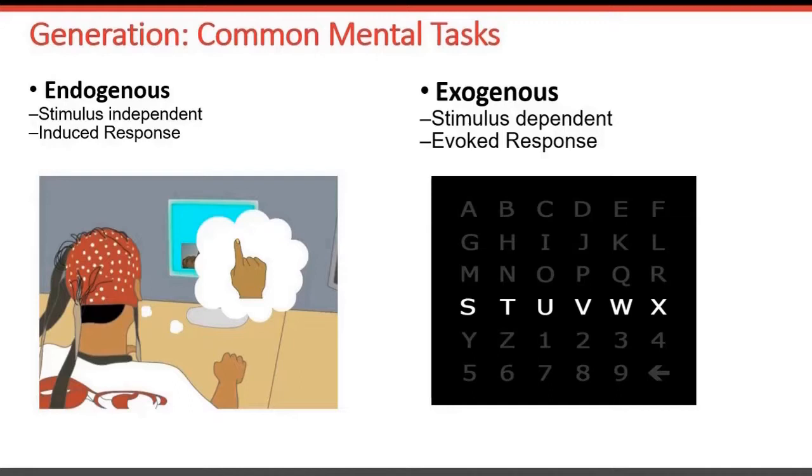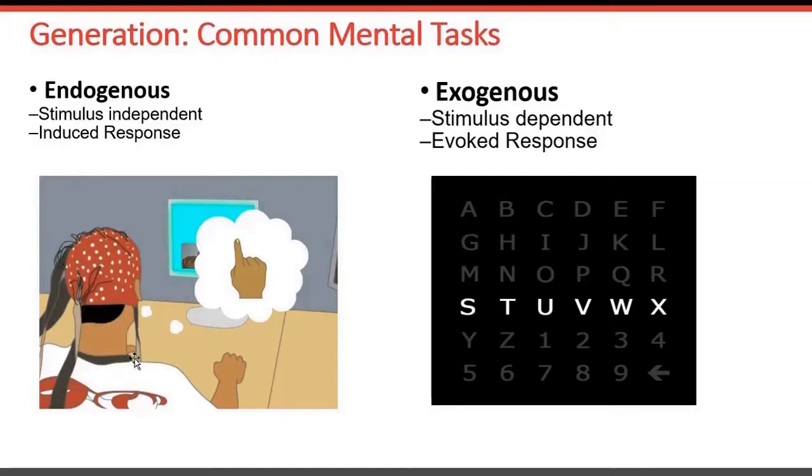And we can divide those into experimental paradigms or protocols called endogenous or exogenous. Endogenous refers to an experimental paradigm that doesn't depend on external stimulation. So subjects can generate brain signals independent of external stimuli. We also call them induced response, so it's an internally induced response.